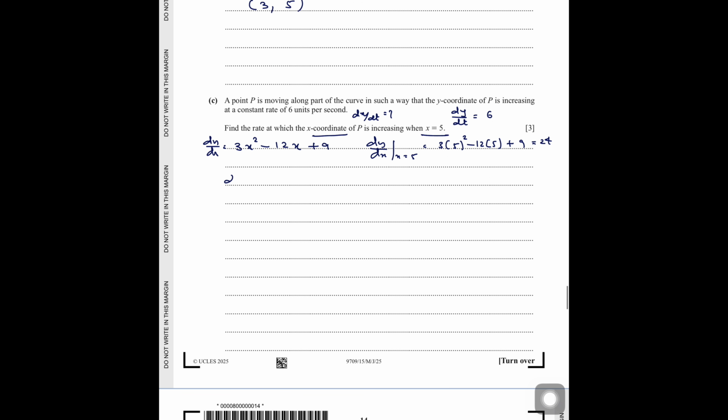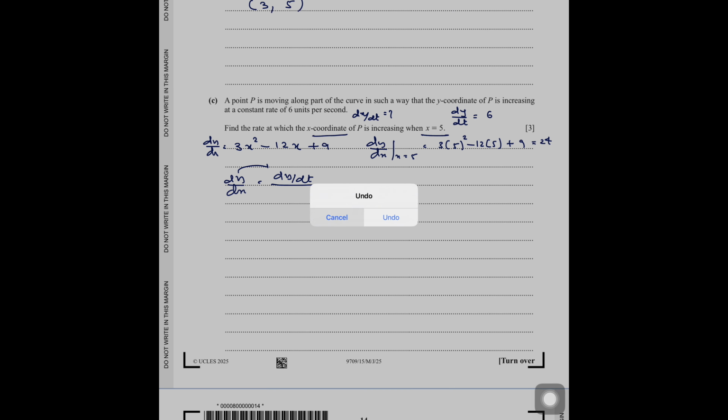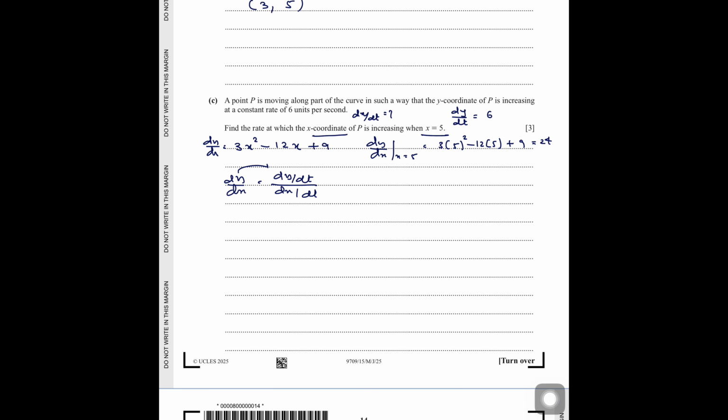Now I'm writing dy over dx equals dy over dt, dividing both numerator and denominator by dt. So the denominator will be dx over dt. Dy over dx I have calculated just now, 24, and dy over dt is given, 6, over dx over dt. Send it to the other side. So dx over dt is 6 divided by 24, which is a quarter, or 0.25.